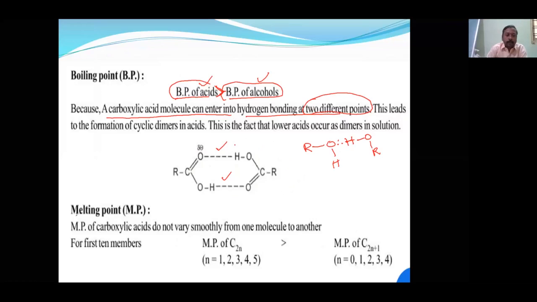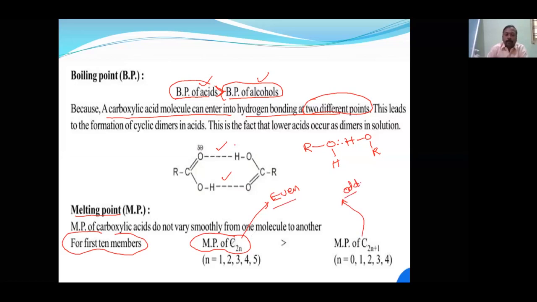Next, melting point. When you compare the melting points, you will find a very different answer. Here 2n means an even number of carbon atoms, and here it is an odd number.